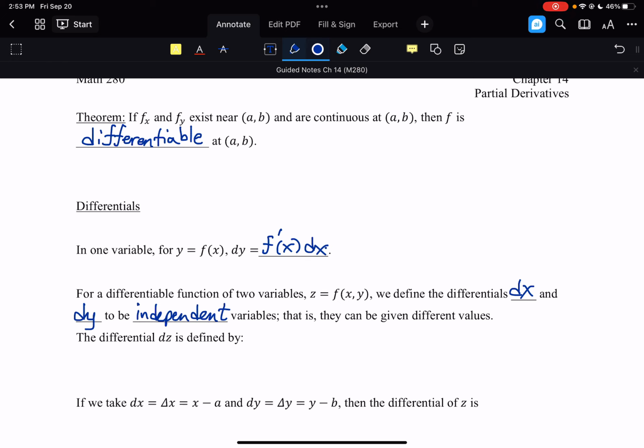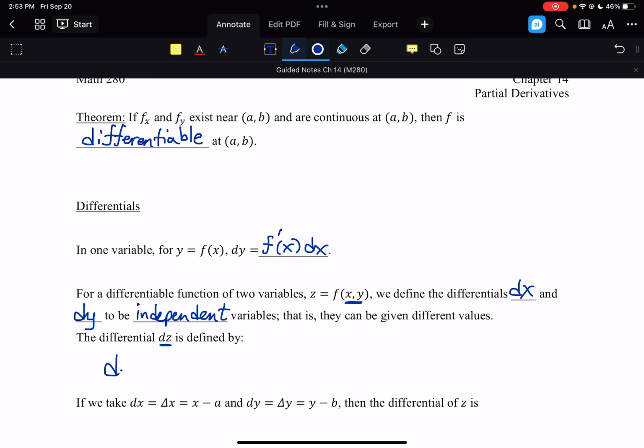Like in the previous cases with just 2D, dx was independent and then dy directly resulted from it, so it was dependent on dx. Here, x and y are independent variables, so both dx and dy are independent. So we can change x and change y, and they will not affect each other. What they will affect, though, is the differential dz.